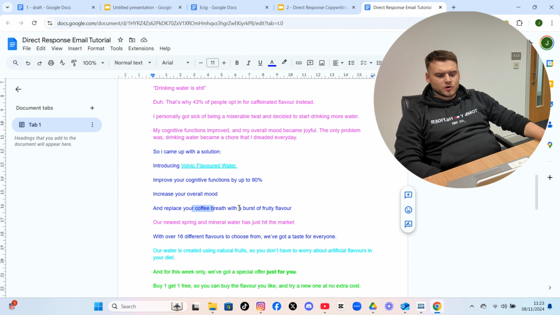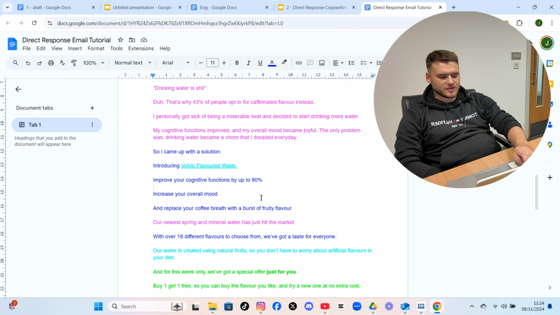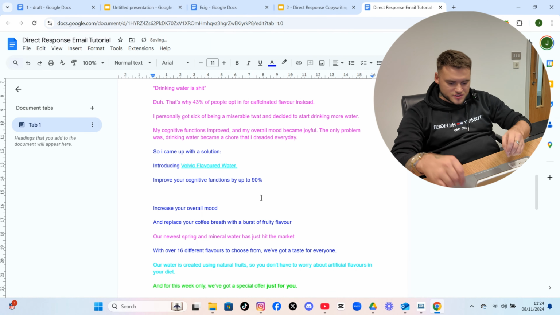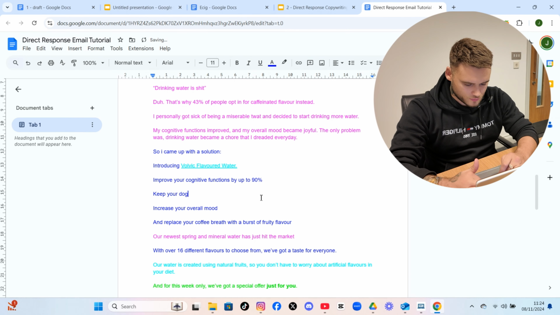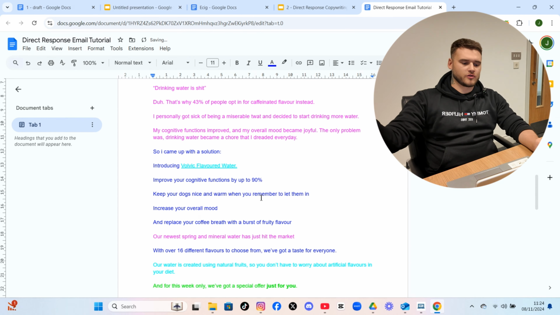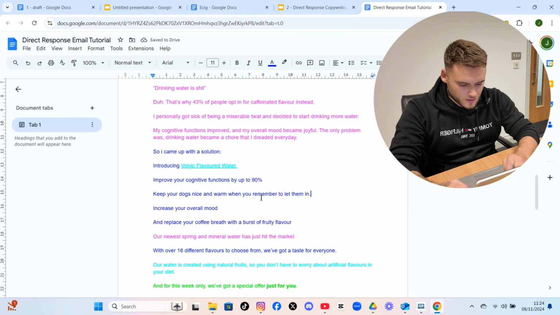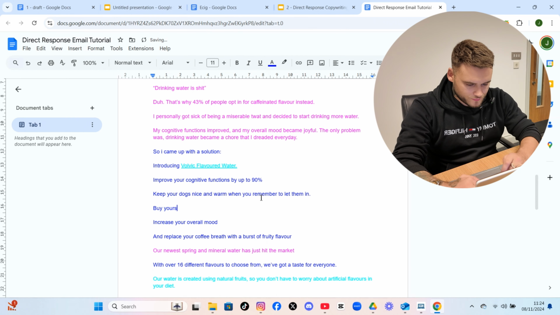But you can add more to this. You know, improve your cognitive functions, increase your overall mood, and replace your coffee breath. You could add some additional lines in between all of this. Improve your cognitive functions. Keep your dogs nice and warm when you remember to let them in. Improve cognitive functions. Buy yourself that new car. Because you don't have to worry about leaving your handbrake off.